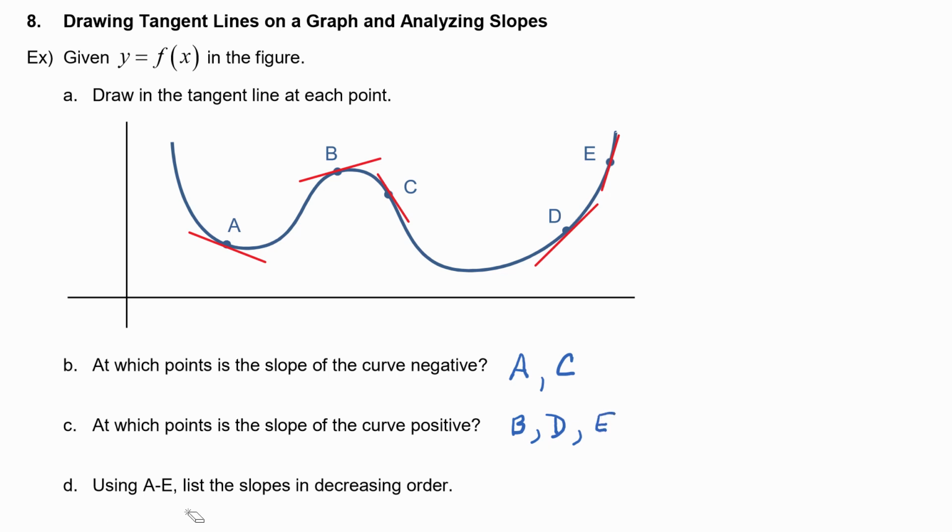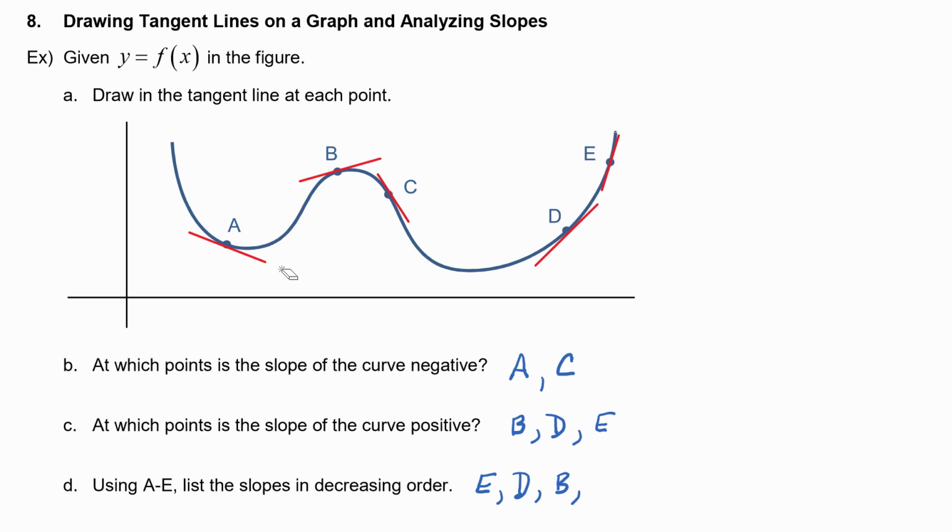Using A through E, list the slopes in decreasing order. The steepest slope out of A, B, C, D, and E is here at point E. The next steepest slope appears to be here at point D. Then at point B, it's still positive, but the slope is getting smaller.